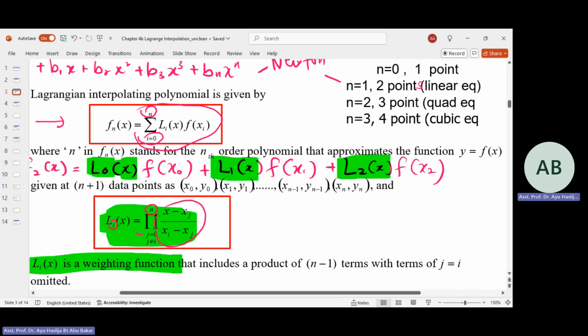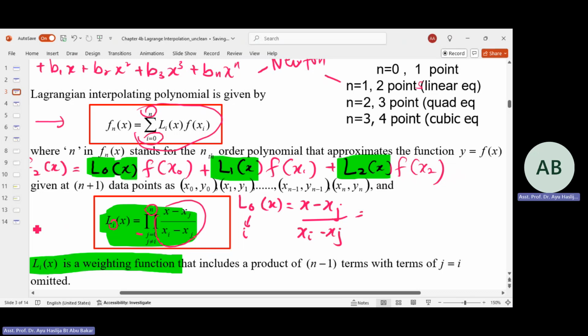Now, let's say n equals 2 just now. So L0 equals x minus xj over xi minus xj. Over here, j must start from 0, but j cannot be the same as i. Here is your i.